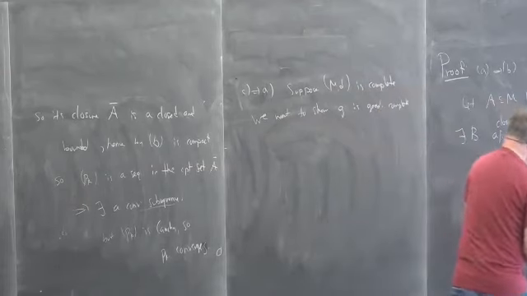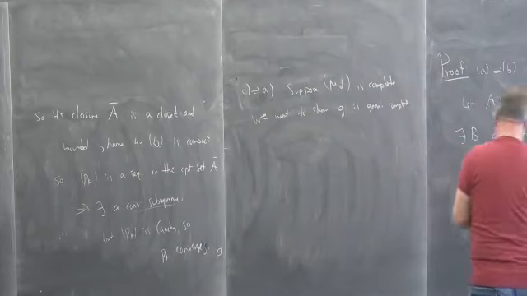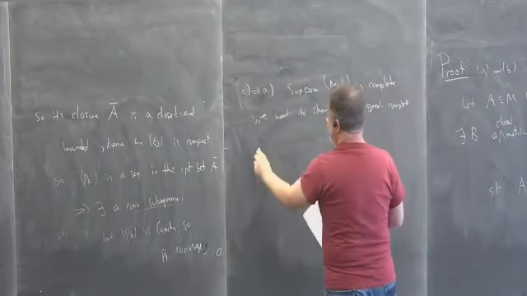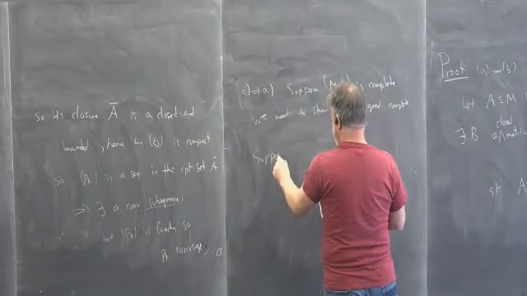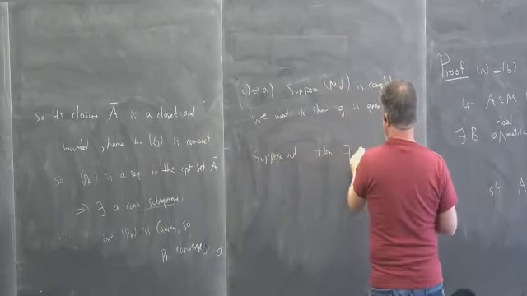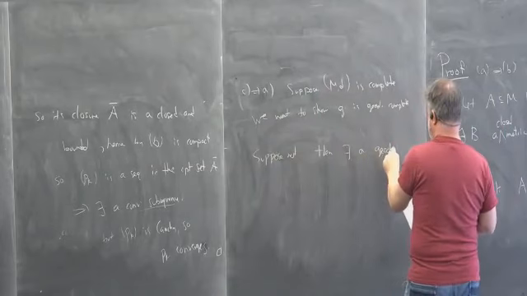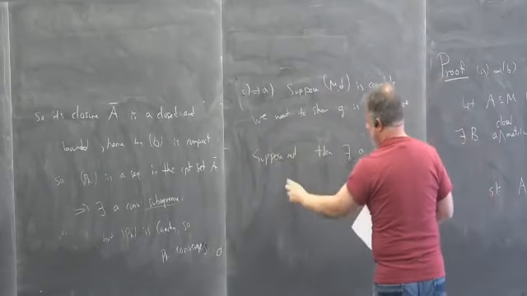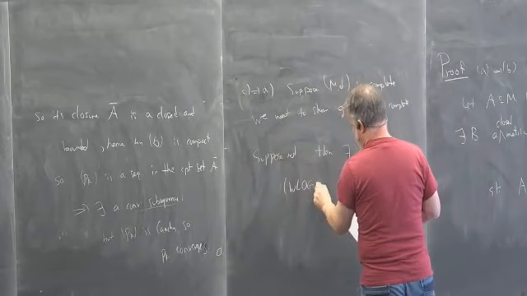Okay, so this is the interesting part. So suppose not, then there exists a geodesic gamma, without loss of generality normalized.